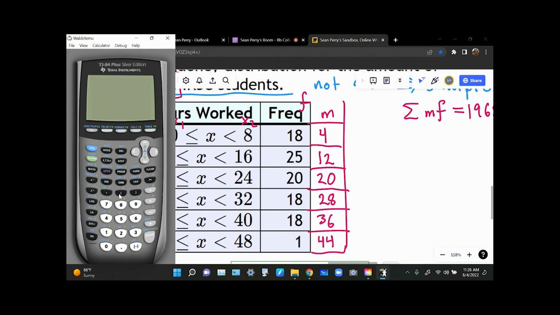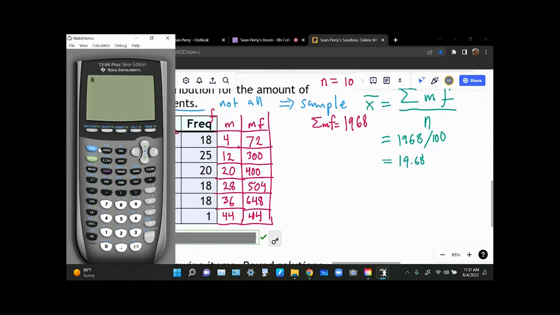So now we put in L2 in the same way as the frequency list. We close, we store as list 2. Once you have those lists input into the calculator, you can go to sum and then do L1 times L2 to add them all up. And then we divide by n, which was 100.